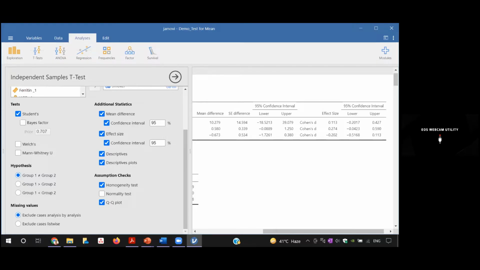But the effect size is independent of sample size. So it will tell you whether the statistical significance you have got has any clinical significance or not. Like whether a 1 unit change in CRP is clinically significant and noticeable by a clinician. Am I making sense to all of you regarding this effect size?